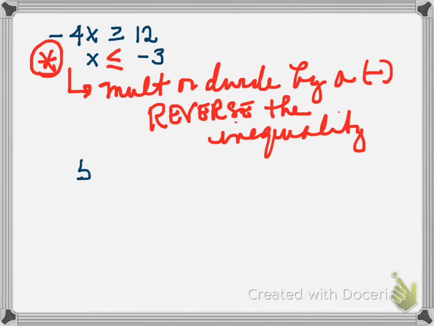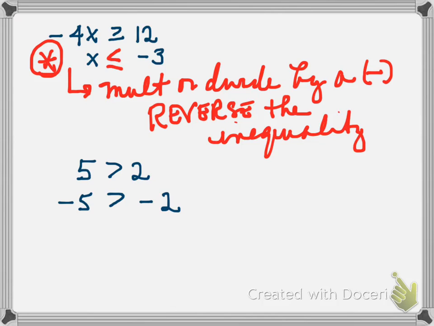If I write 5 is greater than 2, everybody would agree that this is a true statement. Now suppose I multiply each of these by negative 1. So my 5, when I multiply by negative 1, I get a negative 5. And over here, I get negative 2. If I just make this a greater than sign, which is what I was given, I have a statement that is not true.